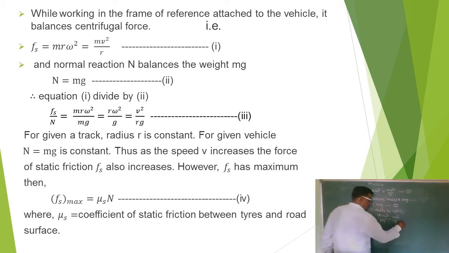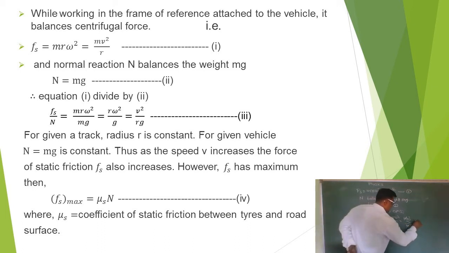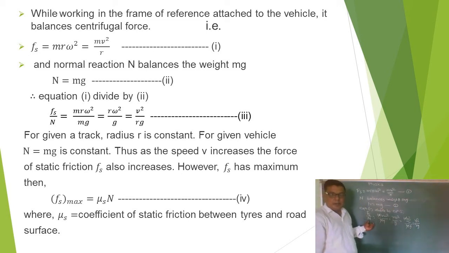Or, m v square upon r upon mg, the m gets cancelled, giving v square upon rg. This is equation 3.